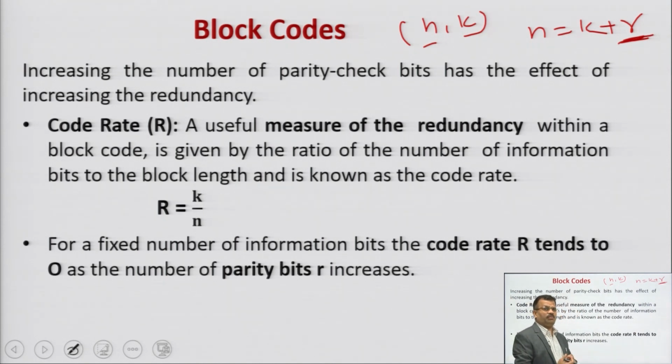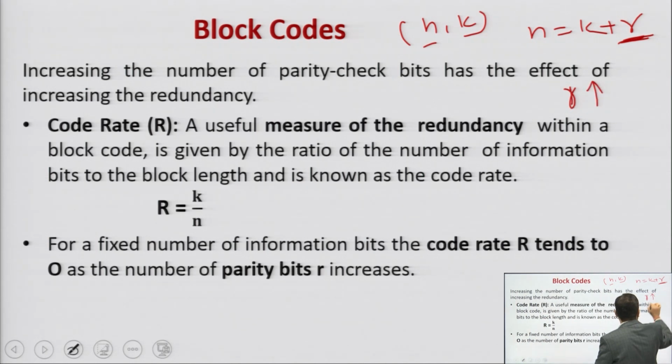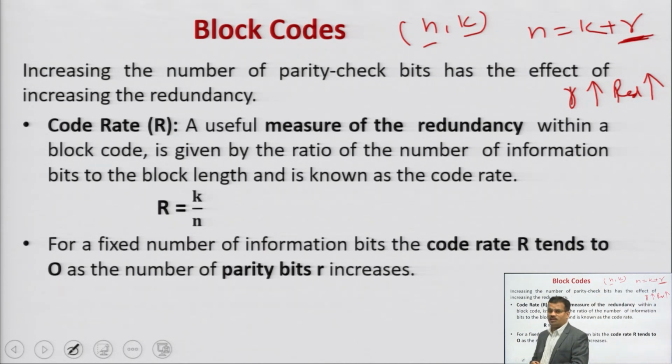Increasing the number of check bits, parity bits has the effect of increasing the redundancy. So if you increase the parity bits, the redundancy also increases. Now, one parameter is the code rate. What is it?